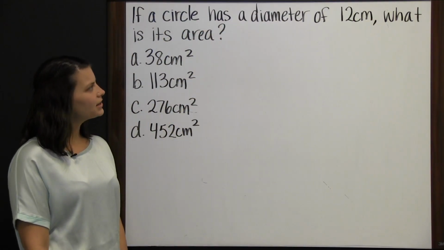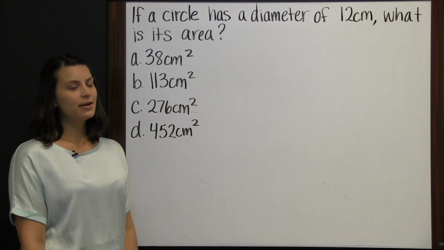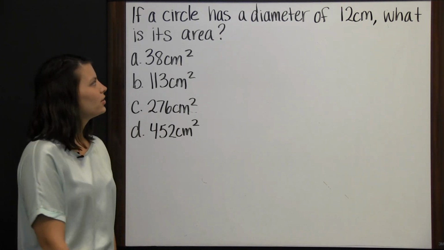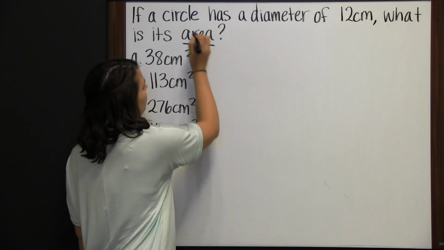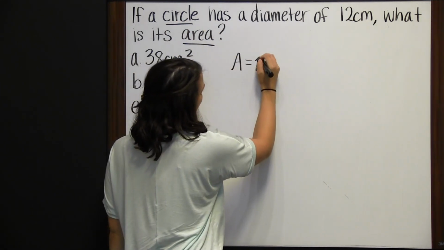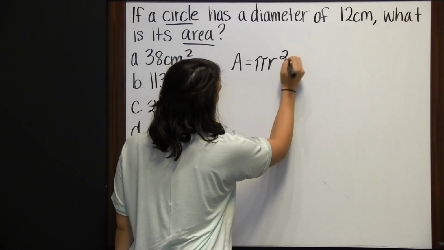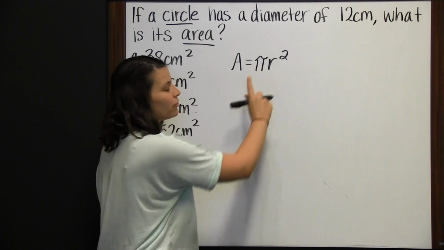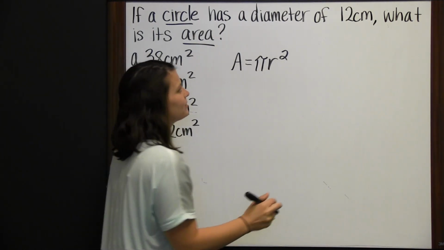If a circle has a diameter of 12 centimeters, what is its area? The formula for area of a circle is pi times radius squared. We need to know what the radius of our circle is.